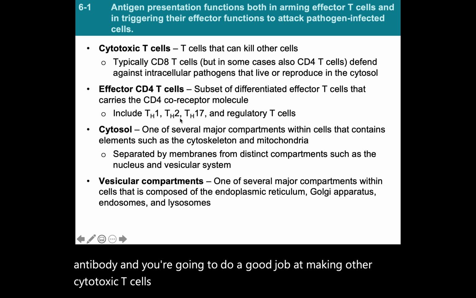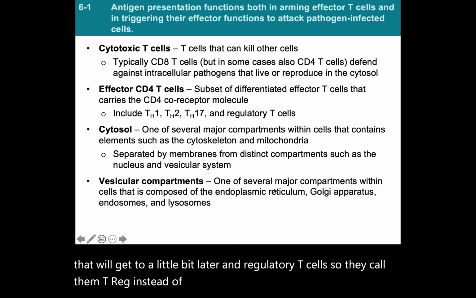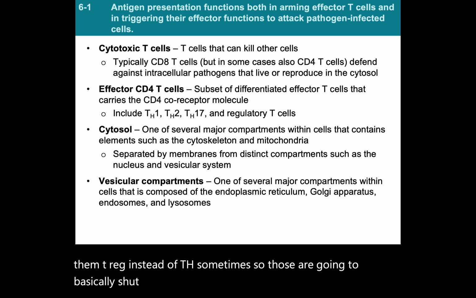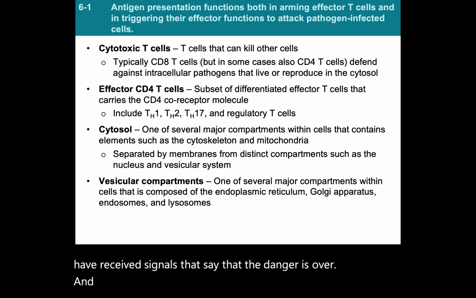Th17s, these are another population of T cells that we'll get to a little bit later. And regulatory T cells, or they call them Treg instead of Th sometimes. So those are going to basically shut down other parts of the immune system when they have received signals that say that the danger is over, and you can stop doing an immunological reaction that might actually be hurting you a little bit.